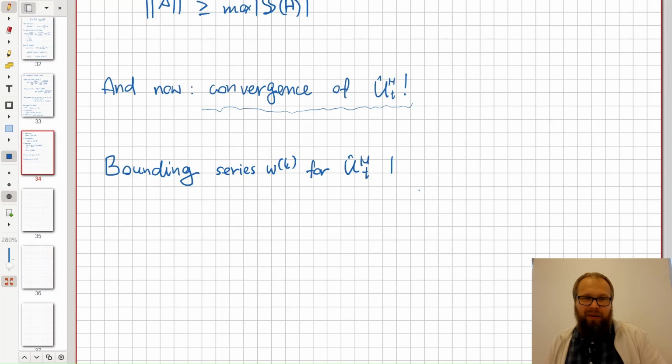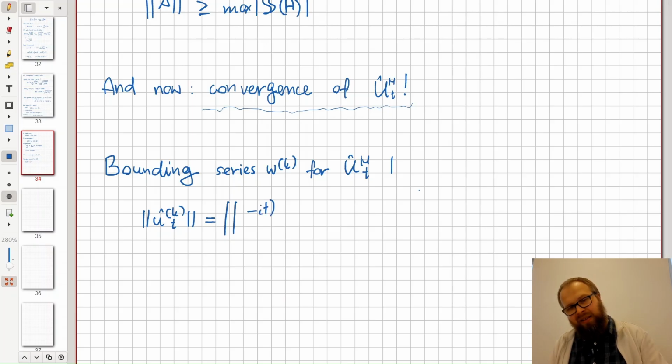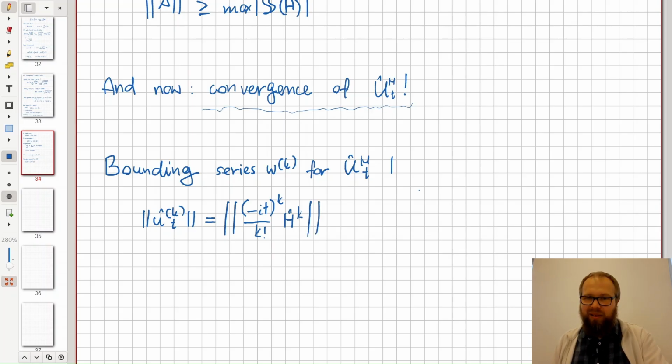So our evolution operator, the terms of it, that would be the norm of (minus i t) to power k over k factorial, H to power k. t is time, H is the Hamiltonian of the system.